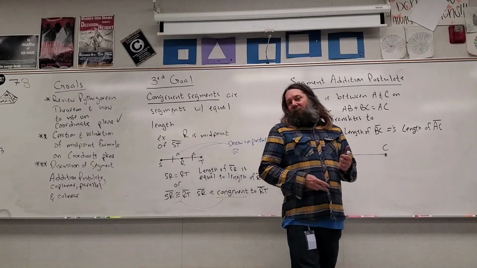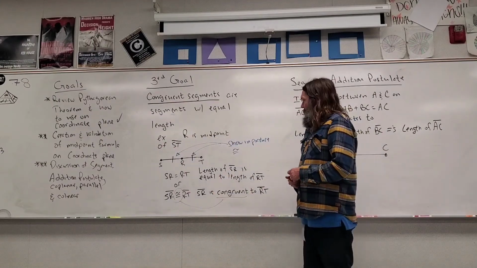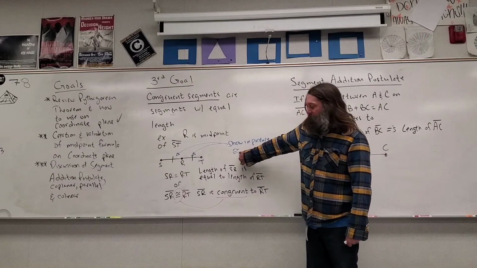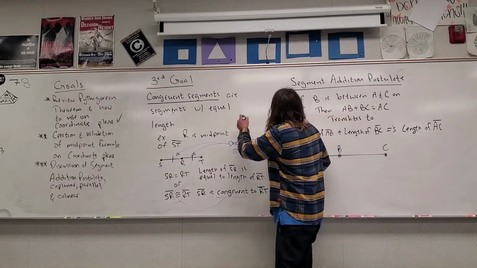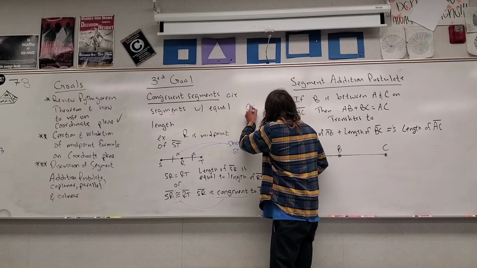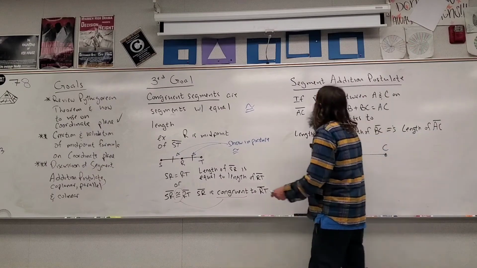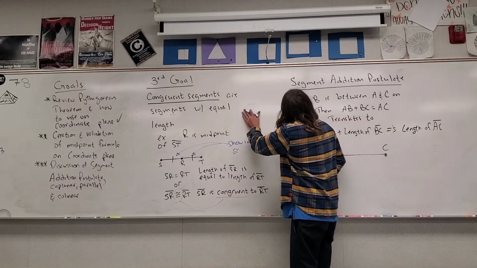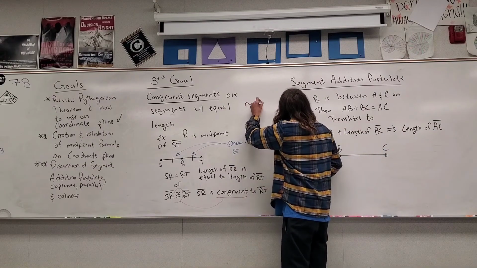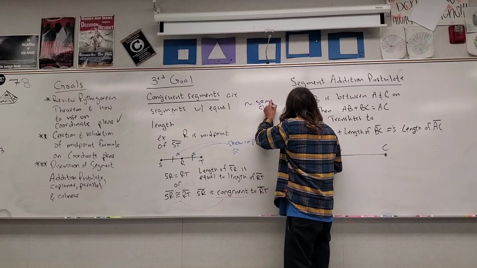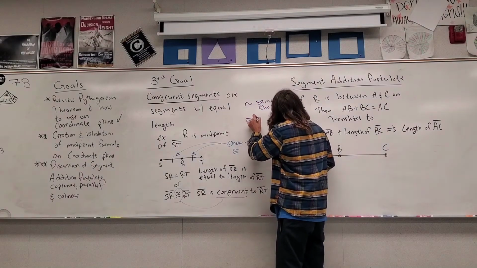We're going to start to communicate with symbols. Remember, this symbol means same shape, equal size. Maybe we should write that down. The top part means same shape. This means same shape, and this means equal size.